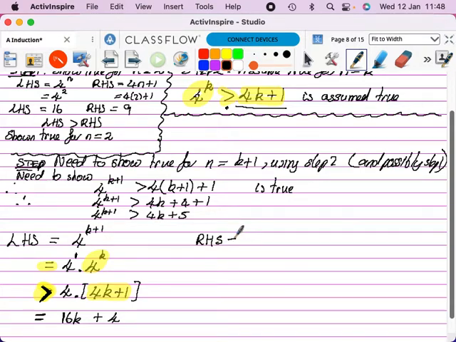We have a bit of a problem, because the right-hand side, which I forgot to write earlier, because we do need a focal point, so we know what we're aiming for. So I'll put it in red now. I need the right-hand side to look like 4 times k plus 5.